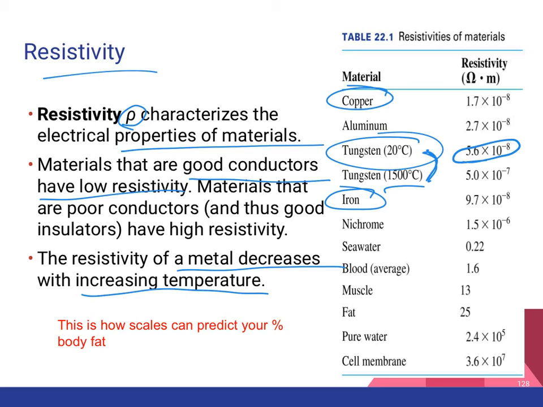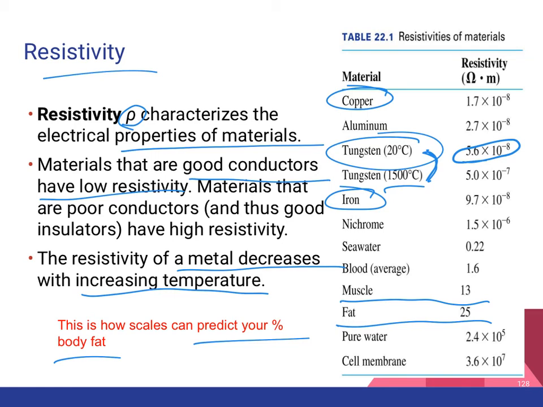Now, another interesting thing is resistivity of muscle versus fat. Almost twice as much resistivity of fat. So a lot of scales have this calculator in it where you can stand on it and it measures and predicts your body fat. And the way that it does that is you can't have socks on. You have to be barefoot when you step on those types of scales.